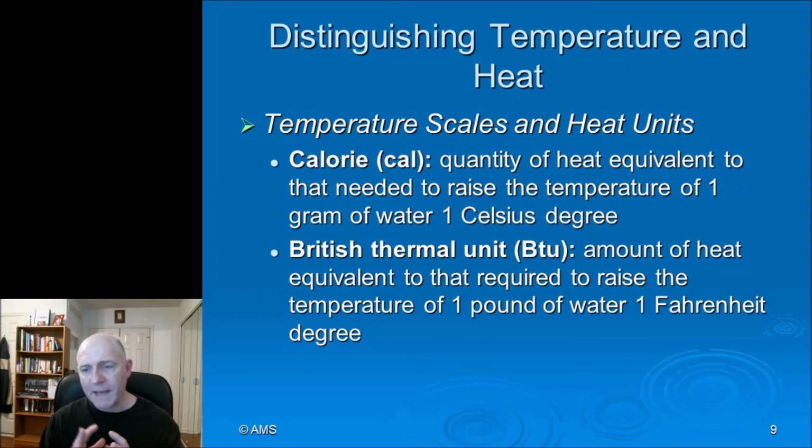So when we think about another way to measure how much energy, in addition to just temperature and how molecules are moving, we think about how much energy we need to raise the temperature of something. In the metric system, it's the calorie. It's the quantity of heat needed to raise the temperature of 1 gram of water 1 degree Celsius.